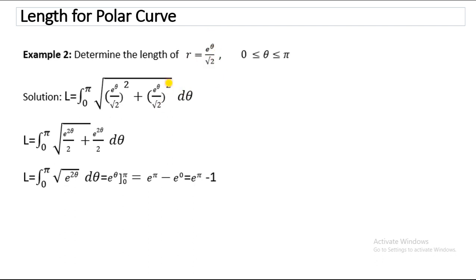Squared, this is e to the 2 theta over 2 plus e to the 2 theta over 2, d theta.